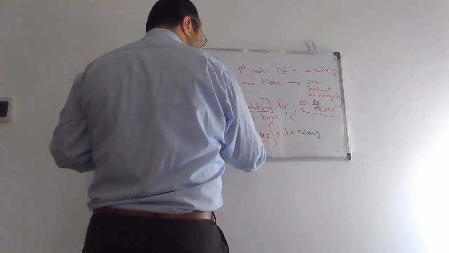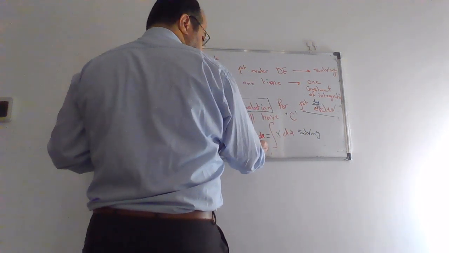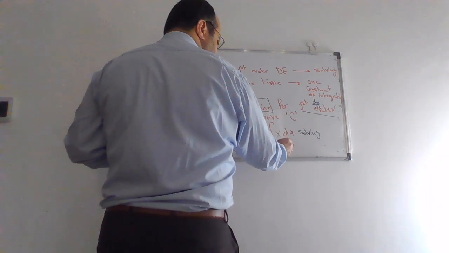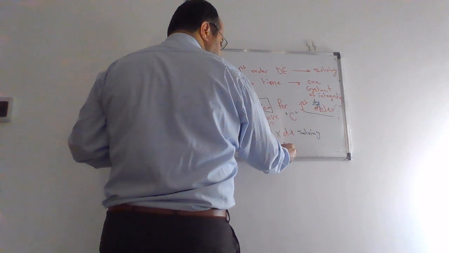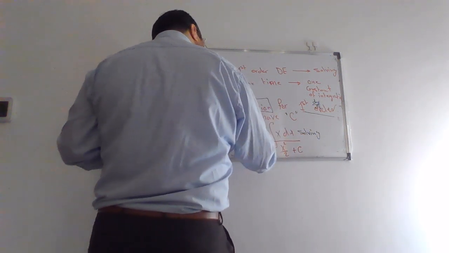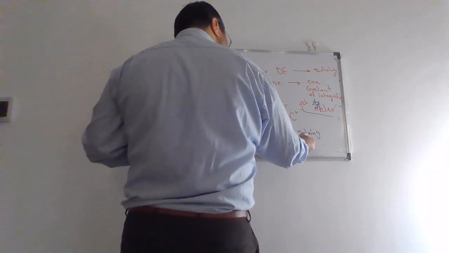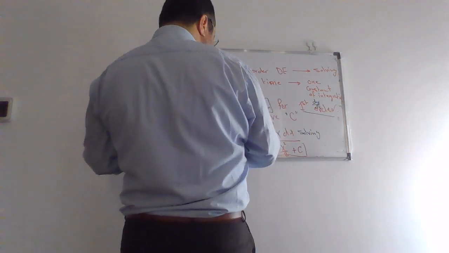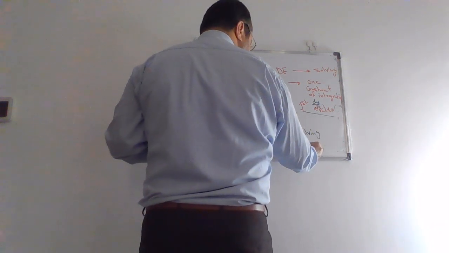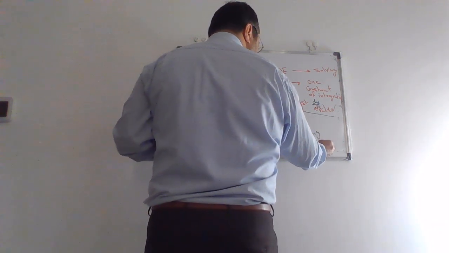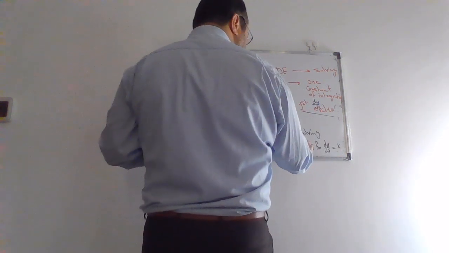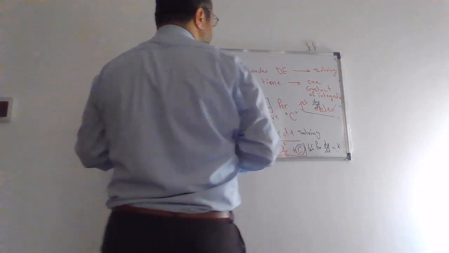Now dx with dx is cancelled, and then you're going to have y equal to, using the power rule, x squared over 2 plus c. This is the general solution for dy over dx equal to x. Note that you're going to have one constant of integration.